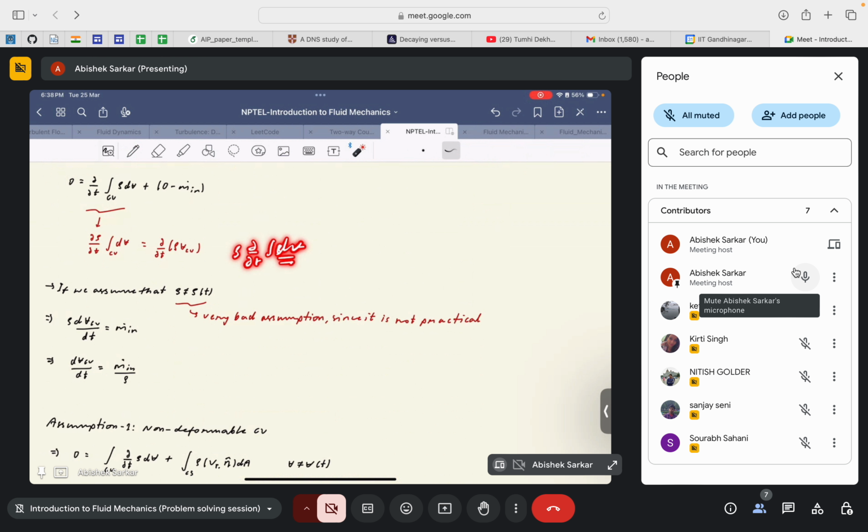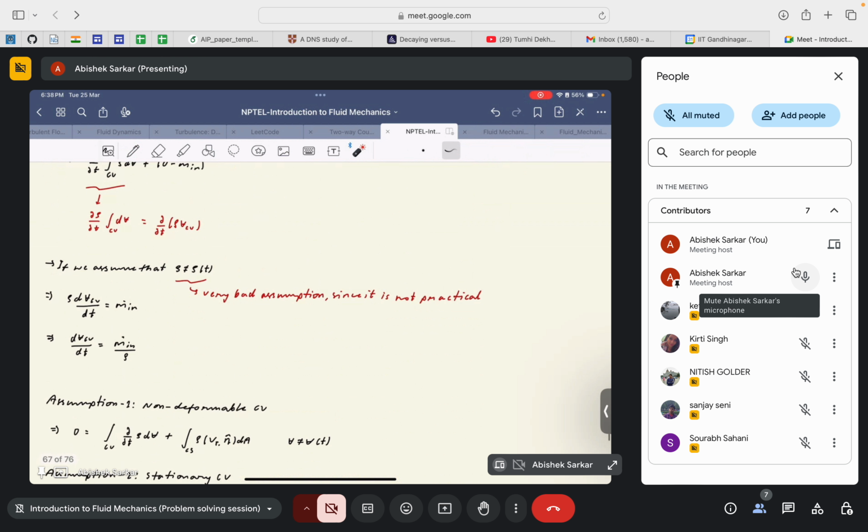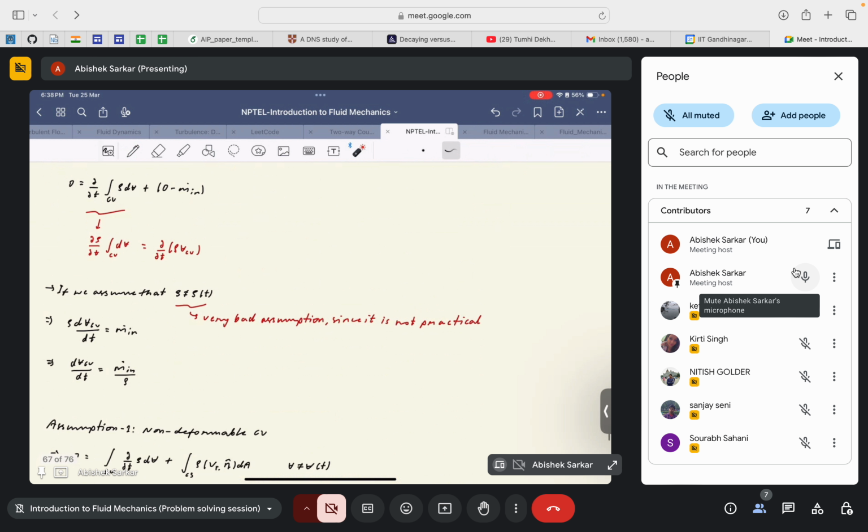The integration will give you V, the volume of the control volume, so it is d/dt of V_cv. Now if we rearrange the equation, this will go to the left hand side and become plus, so we get rho times dV_cv/dt equal to m dot in.